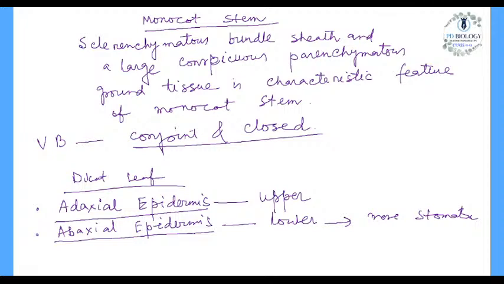The vascular bundles are surrounded by a layer of thick wall cells, called the bundle sheath cells. We found this in the C4 plant, can you remember that in Kranz anatomy?